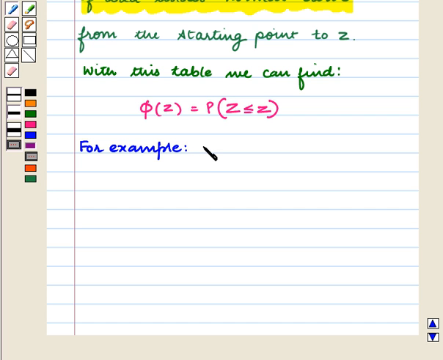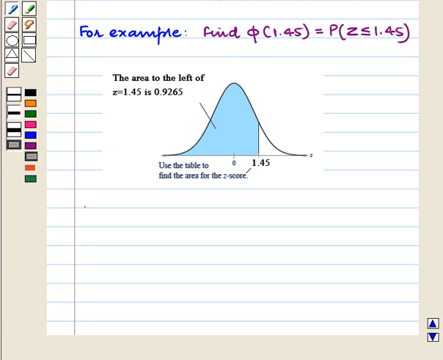For example, if we want to find phi of 1.45 equal to probability of z less than equal to 1.45, we first plot z is equal to 1.45 on the horizontal axis of the standard normal curve.